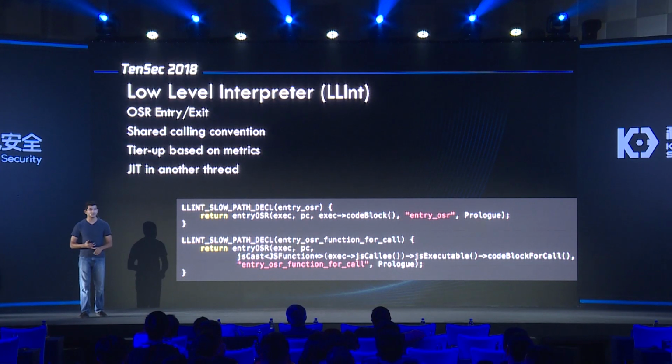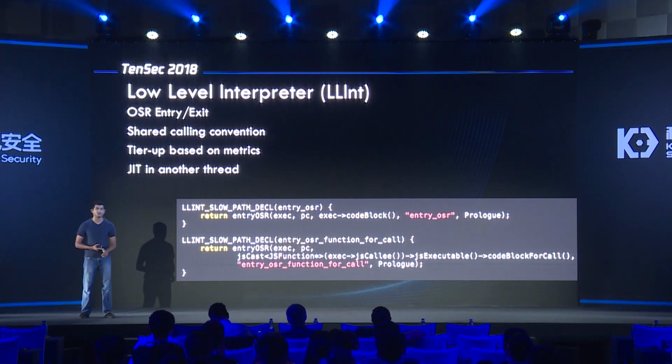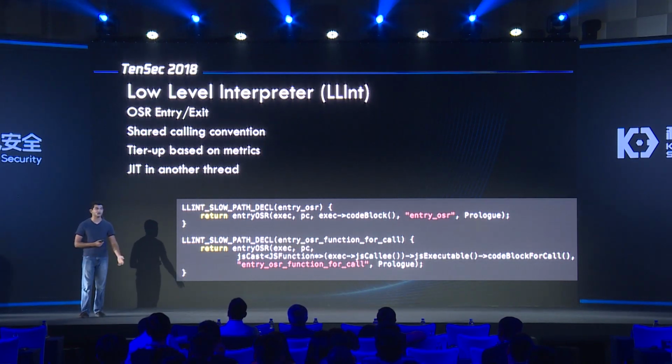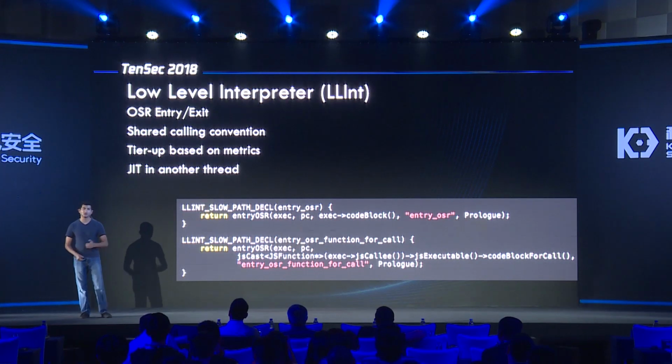All of the low-level interpreter, the JIT, the DFG, and the FTL all use the exact same calling convention. And the nice benefit of this is that if you are ever in a spot when you're in one engine and you want to tier up or tier down, you can do so by just OSR exiting or entering into one of the other layers, which makes it very nice for quickly saying, hey, I have this bytecode, I can't handle it, we need to go back.